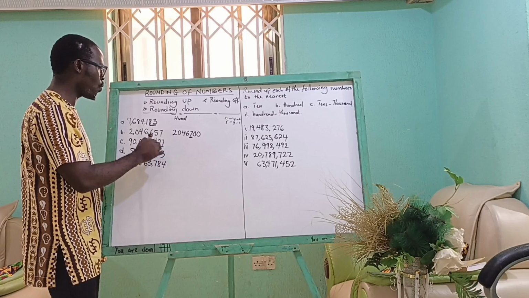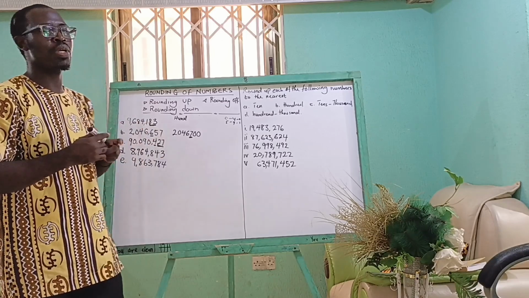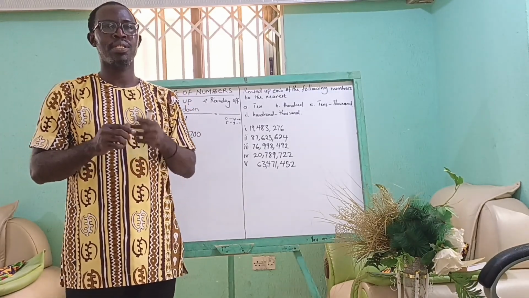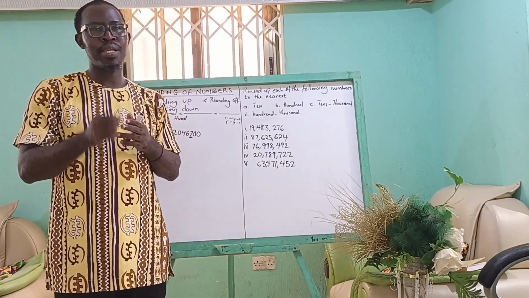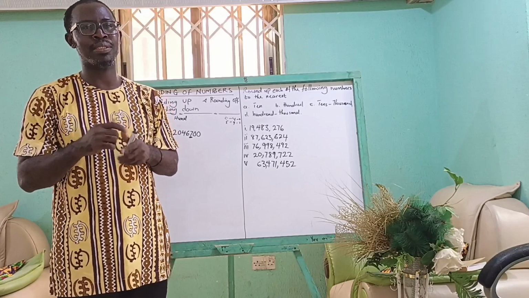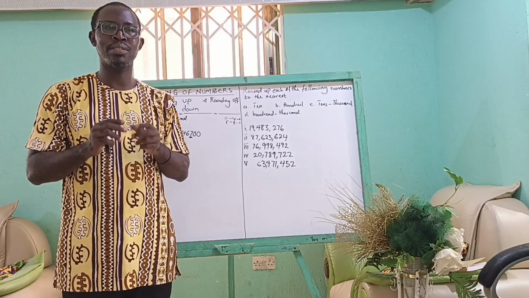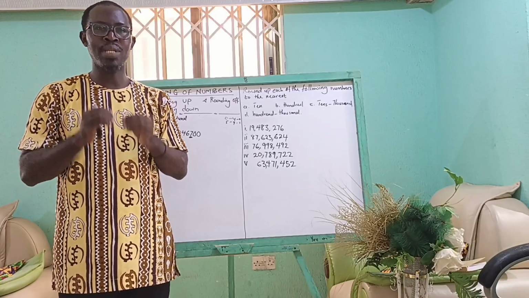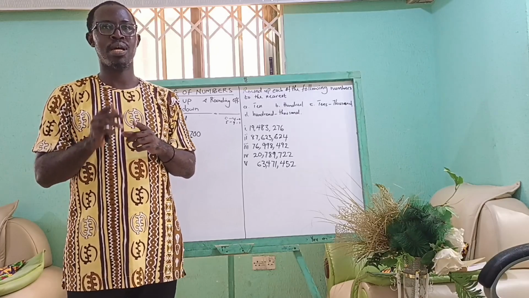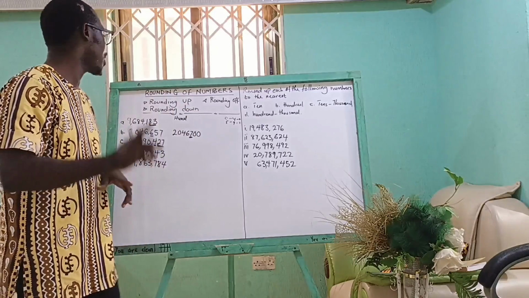So you realize that anytime you are rounding numbers to complete the tens or hundreds or thousands, the column digit increases by 1. So that is rounding up.